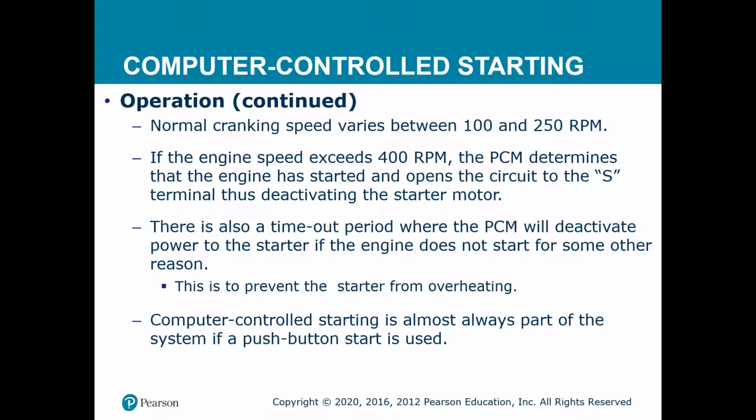If the computer sees, through the use of cam and crankshaft position sensors, that the engine is turning at a speed greater than 400 RPM, then the PCM will see that the vehicle has started. And at that point, it will open or turn off the S terminal or the S circuit voltage. It'll take it away, and what that'll do is actually shut the starter motor off. So that's how it knows the vehicle started.